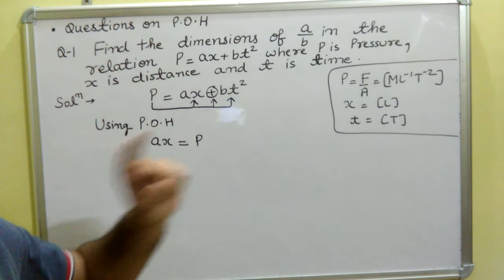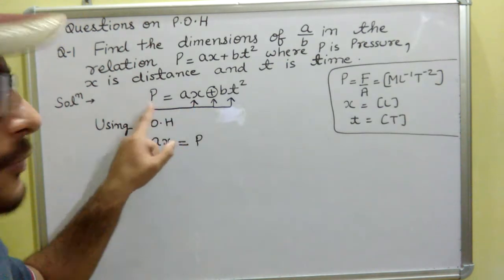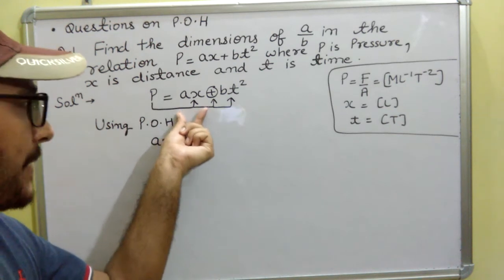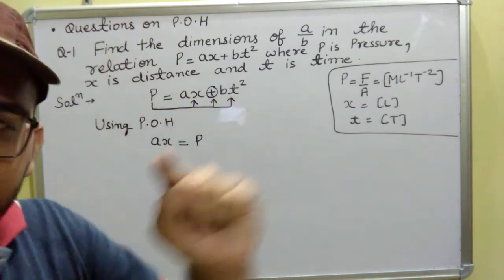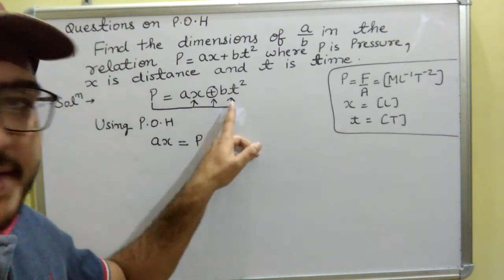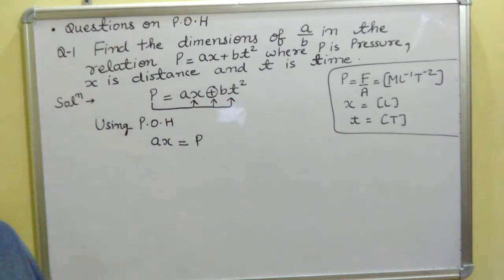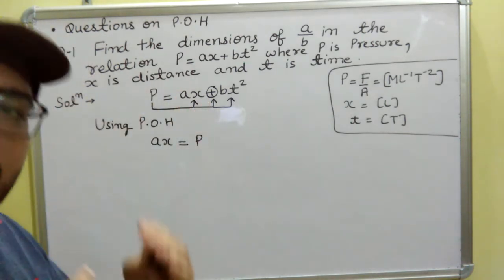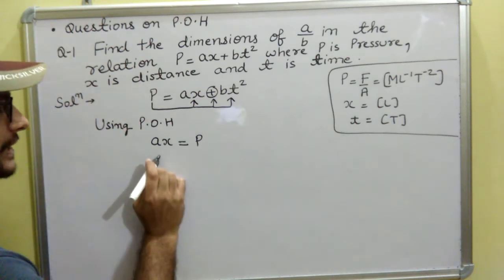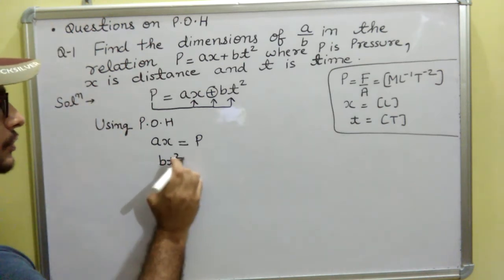Now we have already concluded that AX is equal to pressure. अब AX आपका क्या बन चुका है? प्रेशर बन चुका है. तो प्रेशर में मैं क्या ऐड कर सकता हूं? प्रेशर ही तो ऐड कर सकता हूं. तो हमें यहां से क्या पता चला कि जो BT स्क्वायर है इसकी डायमेंशन भी किसके इक्वल है? AX के इक्वल है. और AX की डायमेंशन किसके इक्वल है? प्रेशर के इक्वल है. सो मैं बोल सकता हूं दैट BT स्क्वायर इज ऑल्सो इक्वल टू प्रेशर.